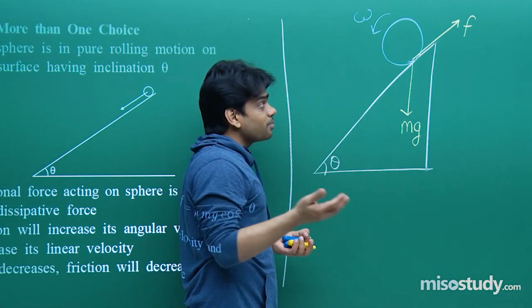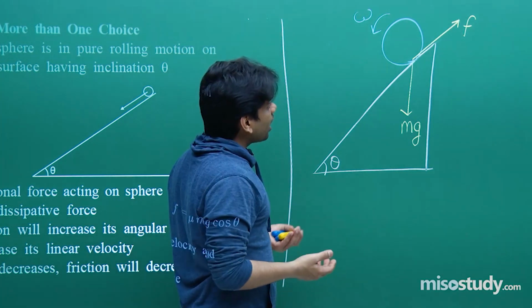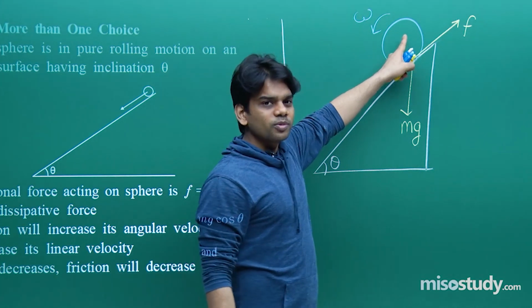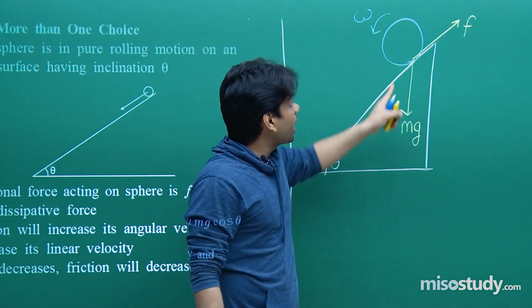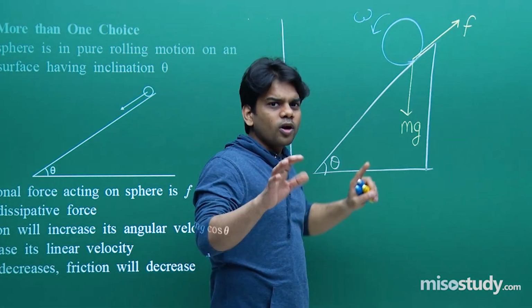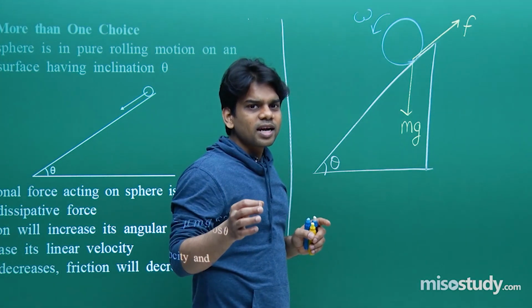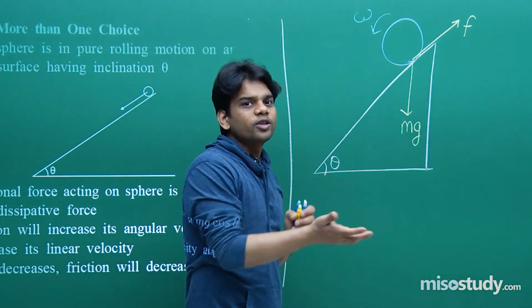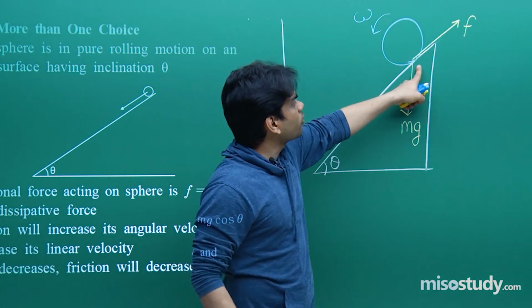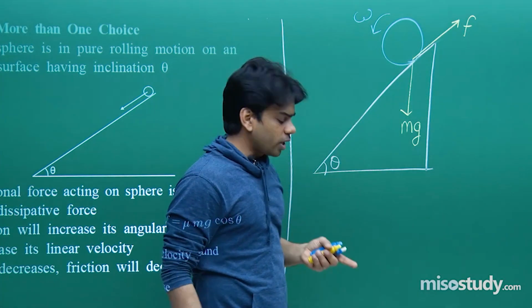It will be acting from the center, so you don't have to worry about the point of contact. I have marked it here just to understand how you are going to equate the forces.